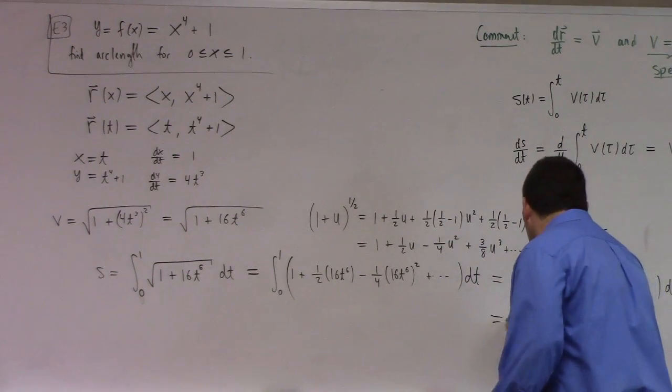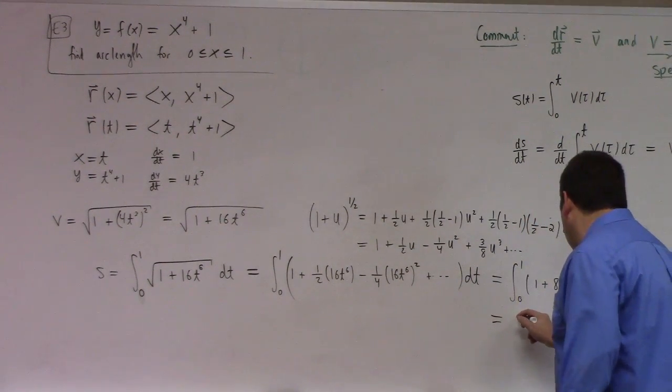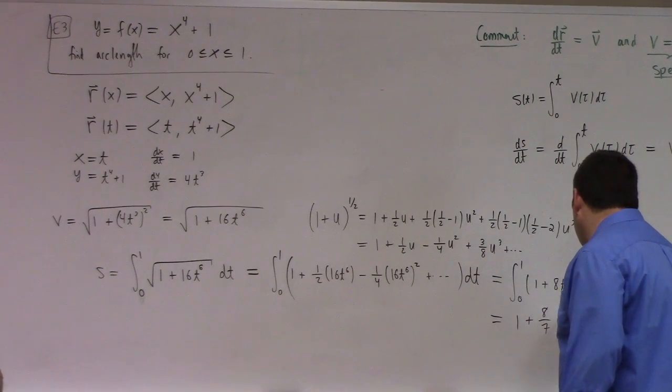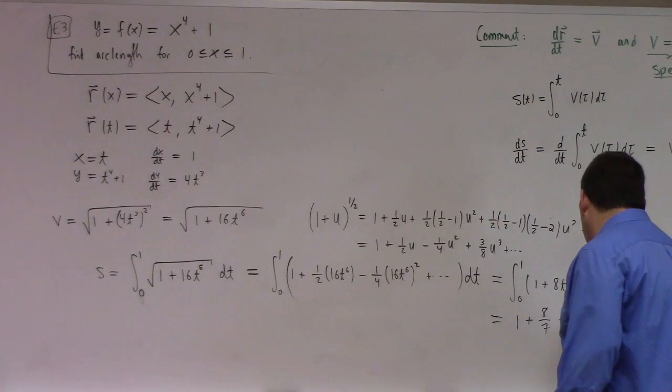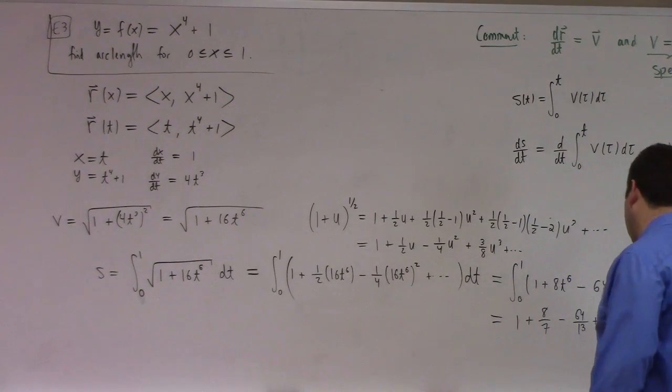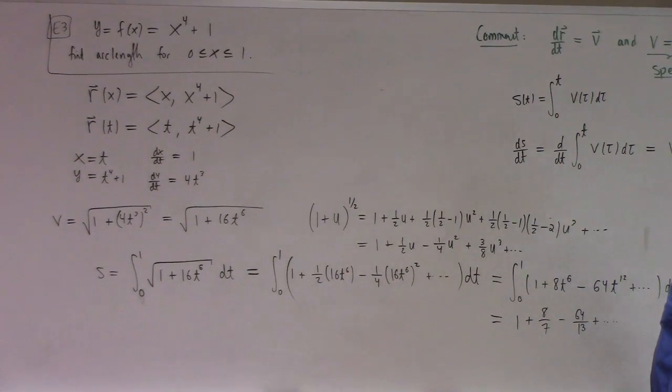And so here's the thing. You do the term-by-term integration. You get 1 plus 8/7 minus 64 over 13 plus dot dot dot. So the thing is, this is not the right kind of series. In order for a series calculation to be reasonable and worthwhile, if you're going to truncate it at a few terms, what do you need? You need the things that you're not calculating to do what?